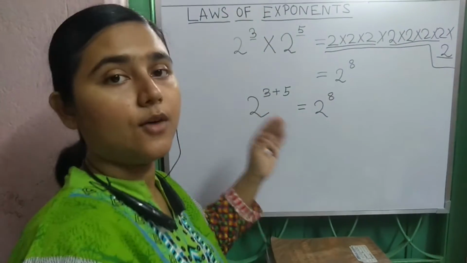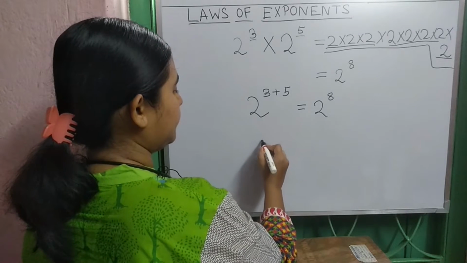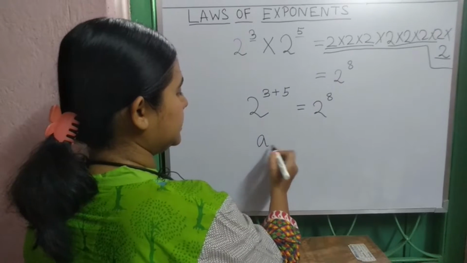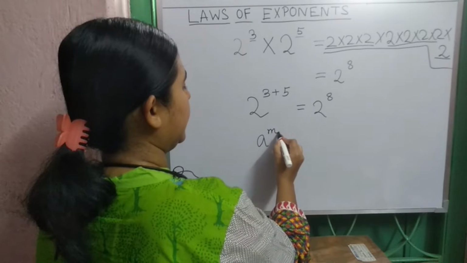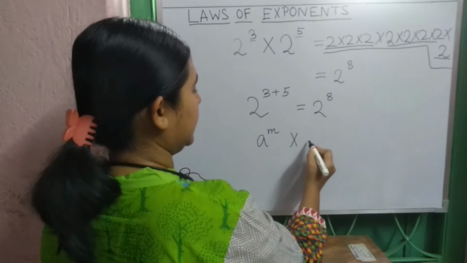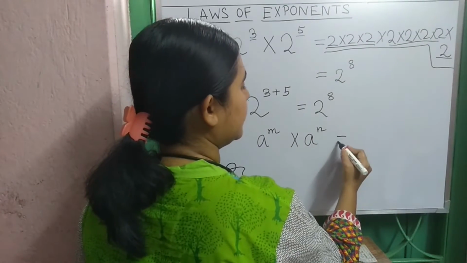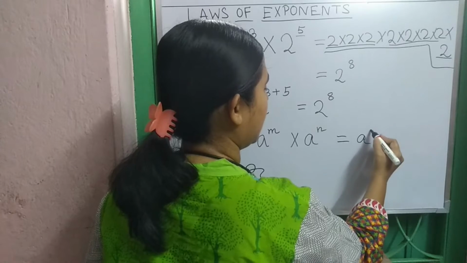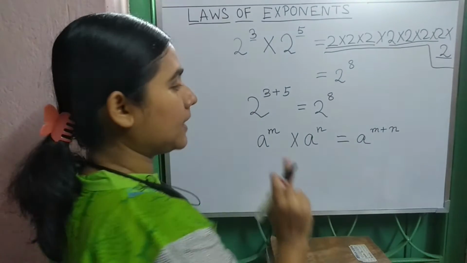From here we can conclude a formula: if there is an integer a to the power m times a to the power n, we can easily write it as a to the power m plus n.